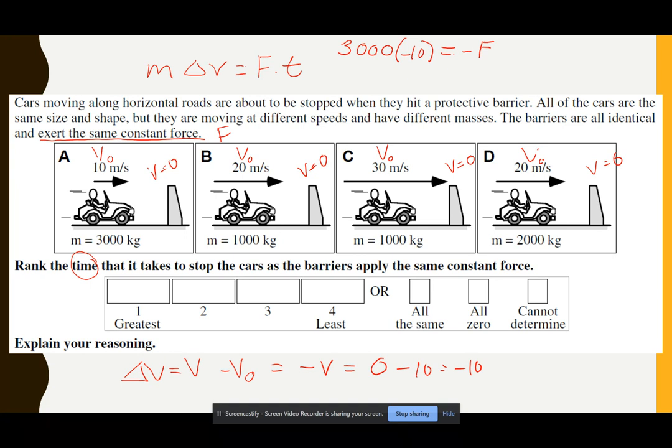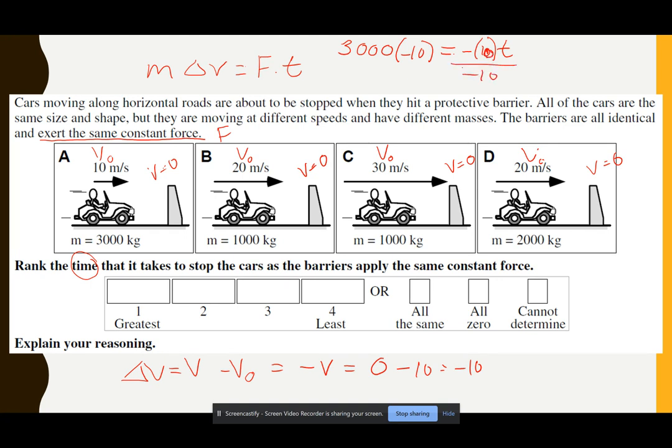So it would be a negative force because it's slowing it down, times our time. Now, it doesn't give us a force, right? It just says it's the same. So make up a force. It doesn't matter as long as you use the exact same number. If you really want to use numbers. So let's make it easy and let's use 10.